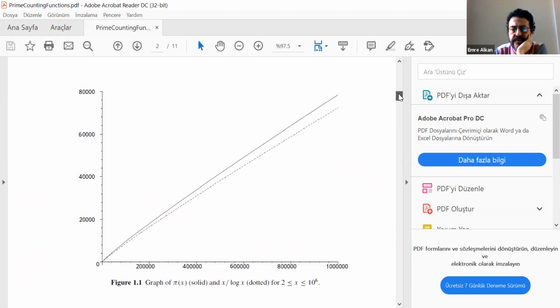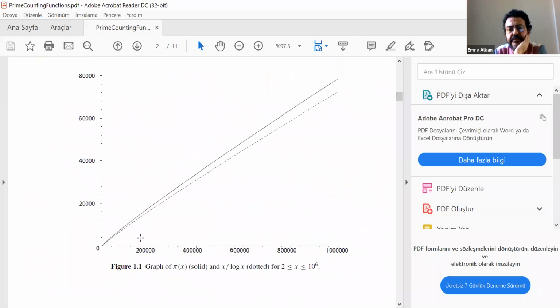Of course, we have computers today, so we have prime counts up to really large numbers. You can see the shape of the graph of pi of x is the upper graph here, the solid one. The dotted one is the approximation somehow. Unclear how it approximates so far, but it's the graph of x over log x, and it's up to 1 million.